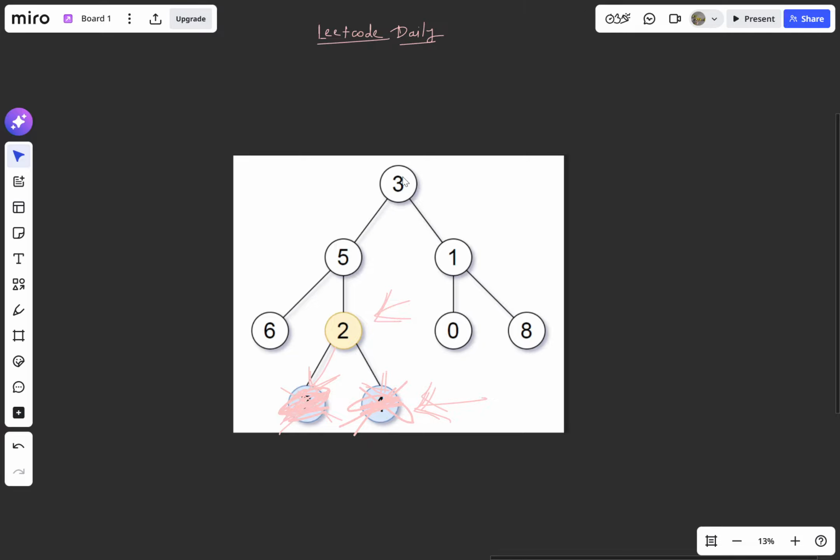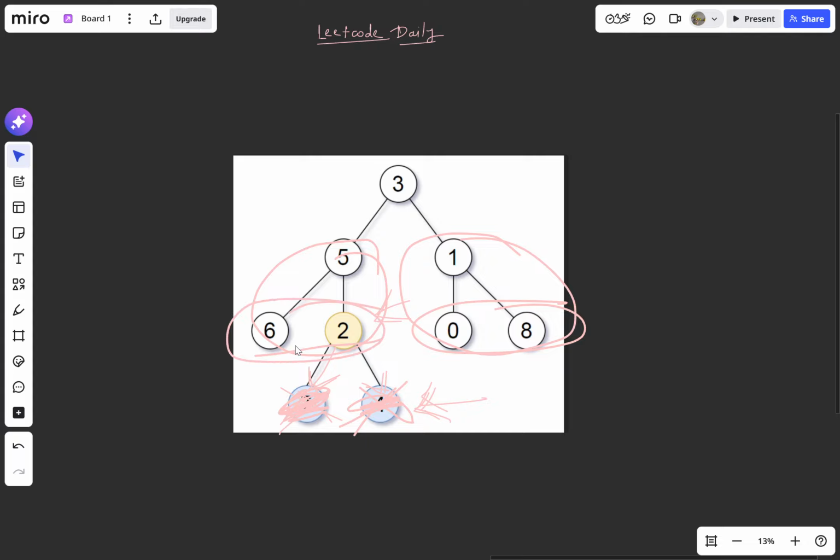So 3 has 5, 6, 2, 1, 0 and 8 as its descendants, because it is the root. Now 5 contains 6 and 2 as its child nodes, and 1 contains 0 and 8 as its child nodes.